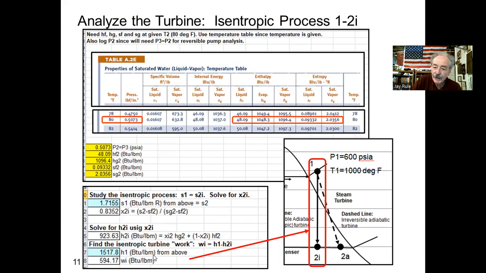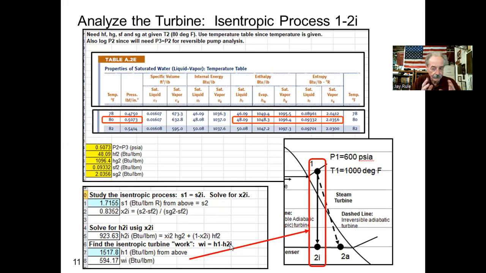The first law, we apply the first law for the isentropic turbine, and here it is. You say, well, where's Q? Where's Q isentropic? That's 0. It's adiabatic. I didn't drag you through all the steps. Work isentropic is H1 minus H2I.